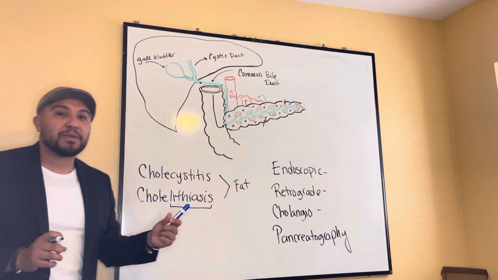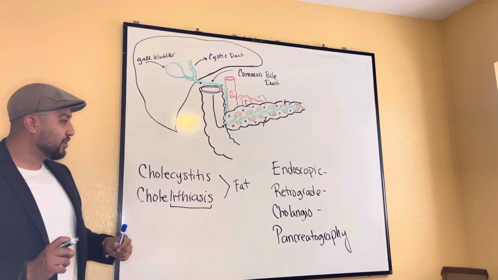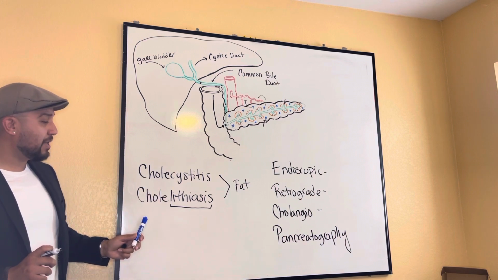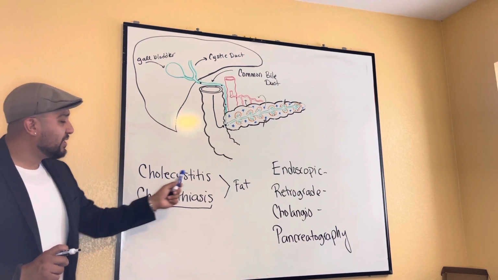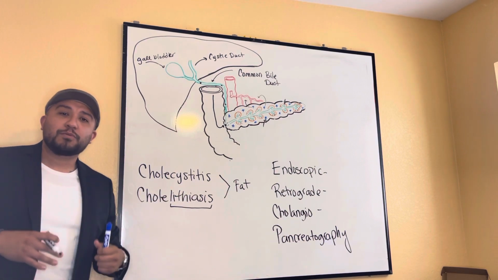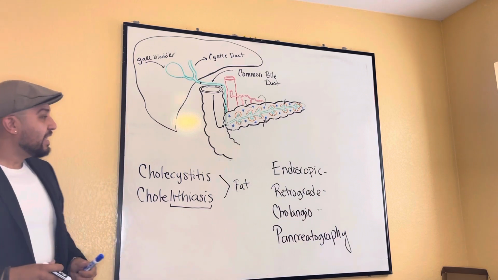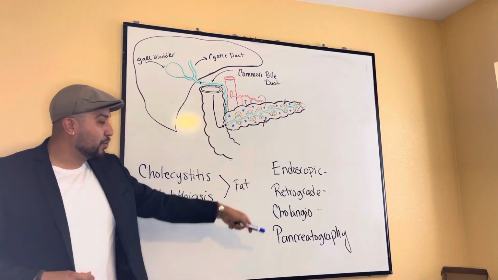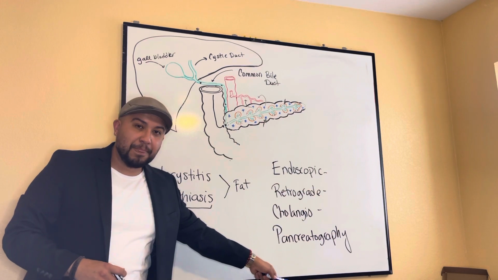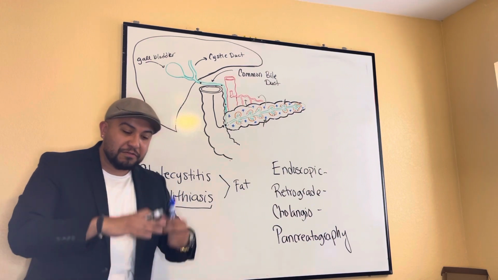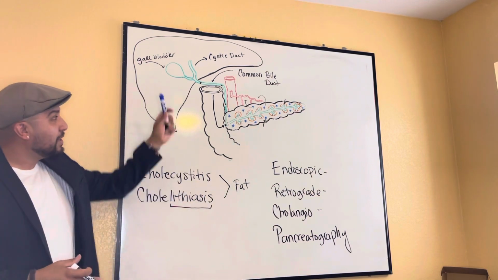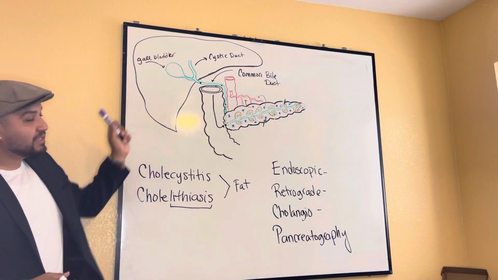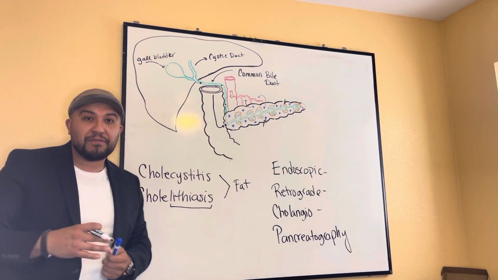We'll discuss the most common causes of pancreatic issues in just a bit. Continuing with gallbladder issues, if the patient has cholecystitis or cholelithiasis, the way we find out what it is is through this procedure, the endoscopic retrograde cholangiopancreatography. We inject the contrast medium, we visualize it, and we find out where our problem is, where the obstruction is, whether we have stones or inflammation.